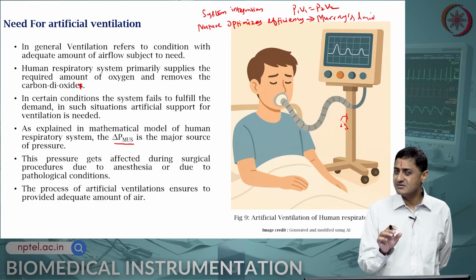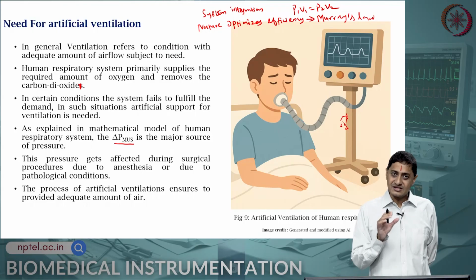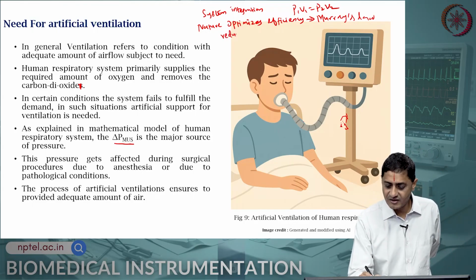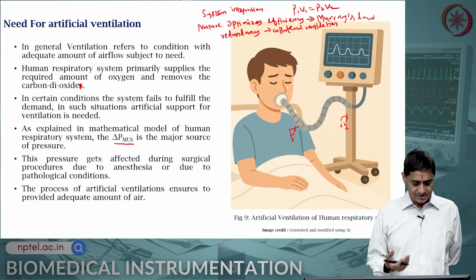Check what this is with regard to the respiratory system. What is Murray's law? Check that. And redundancy, or the correct word is actually abundance. You have collateral ventilation, that is possible. Nature also provides this collateral ventilation.